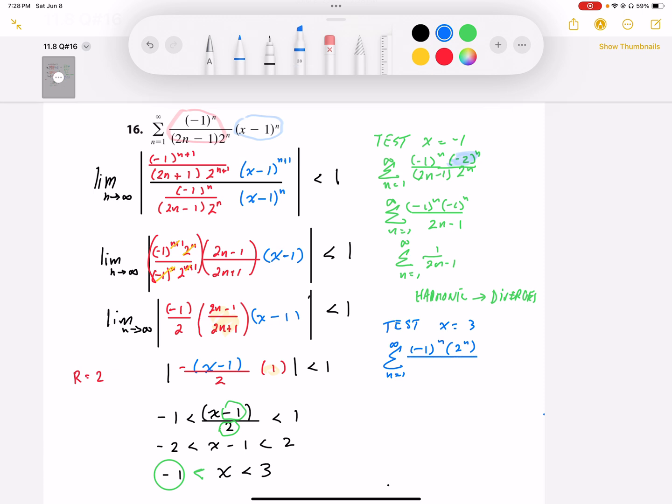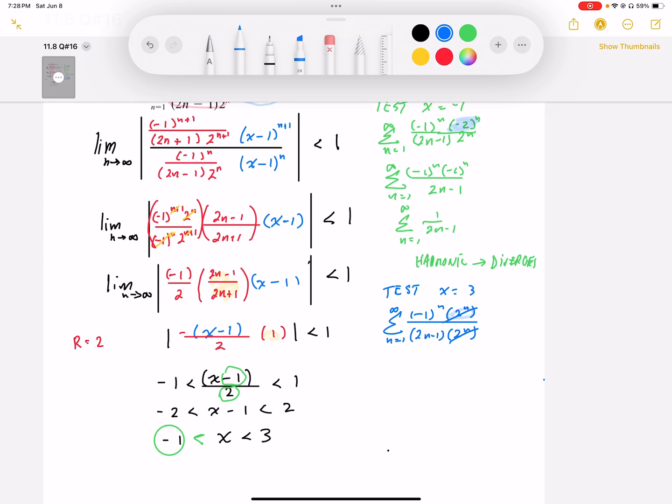Again, I'm just going to highlight that part. That's my power series part here. And I end up with 2n minus 1, 2 to the power n. Those 2 to the power n's are going to cancel out, so I end up with an alternating harmonic series. So this is alternating, which means it's convergent. That means that this endpoint here is going to be included.